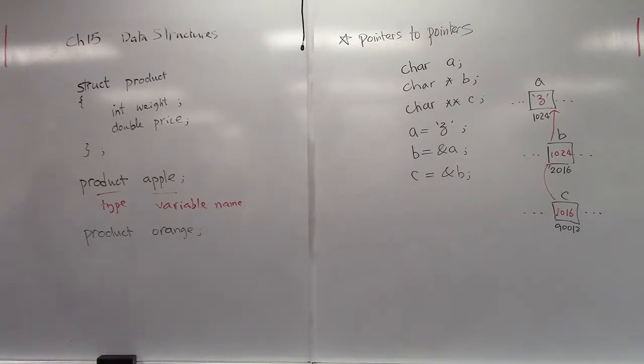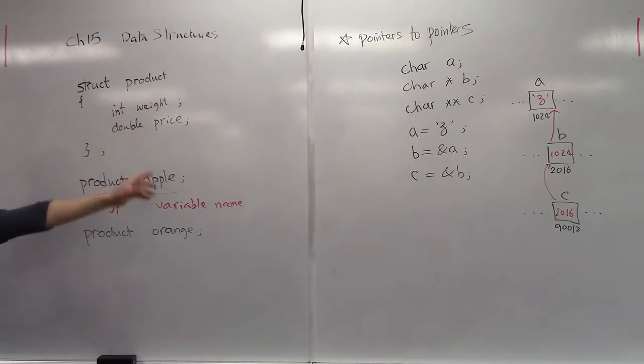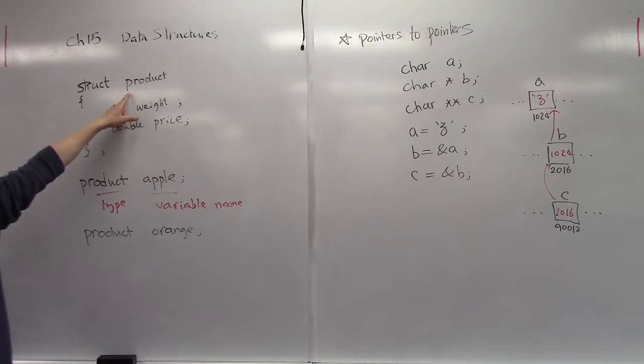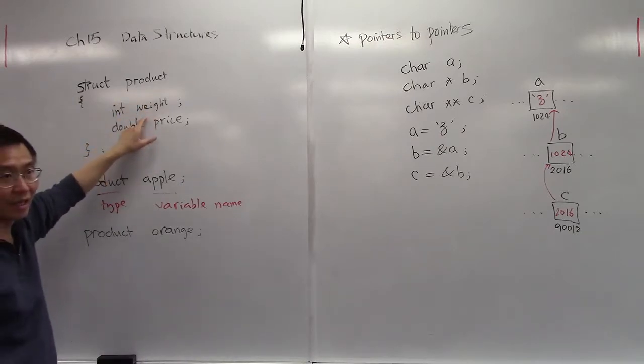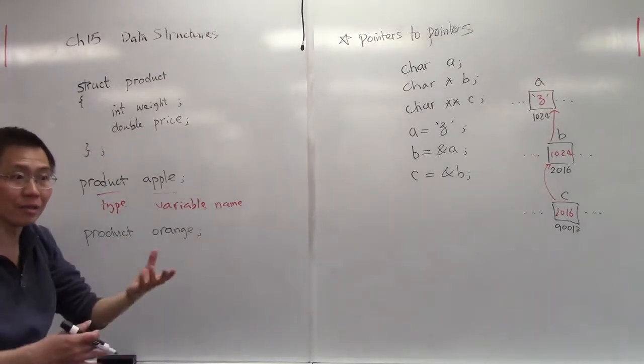Now the question is, how do I access those numbers? The way to think of a struct data type is that you have a basket and inside you have things. It is those things, the individual numbers you want to manipulate, right?